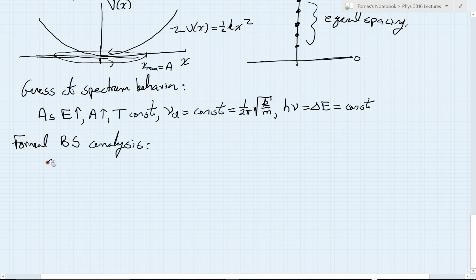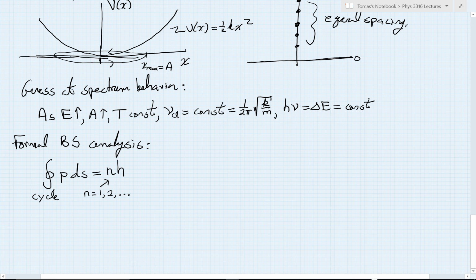The original definition was that we had an integral over a complete cycle, that's why I drew it as a closed loop integral, of the momentum times the displacement, and that always must equal some integer n times Planck's constant, where n varies. This quantum number has values 1, 2, etc.